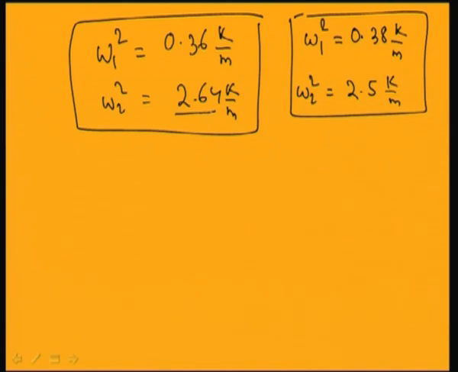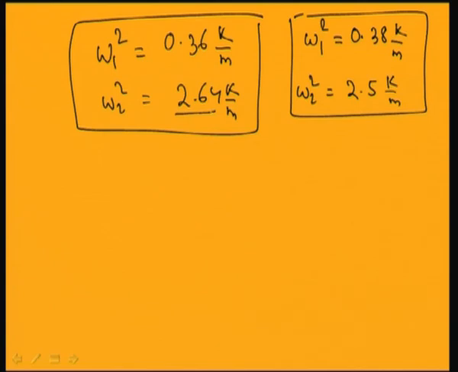If you calculate the error, 2.5 minus 2.64 divided by 2.64 gives 0.05, so in the second mode you get 5% error.